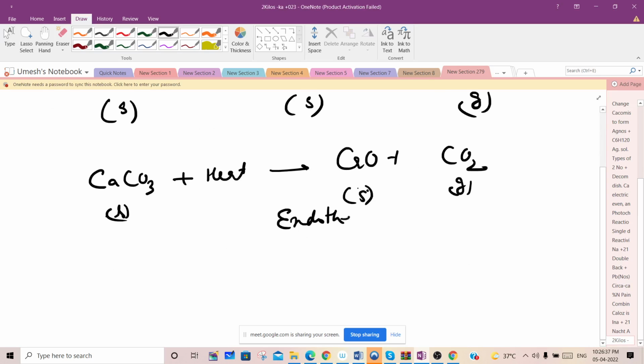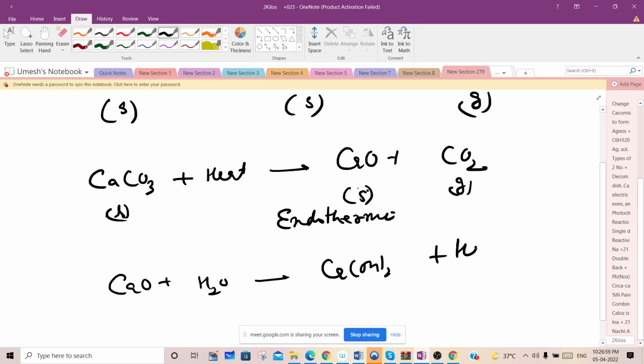Can you give me an example that is exothermic in nature? If we take quicklime, it gives slaked lime. You can write like this. This is an exothermic reaction. Understood? Yes or no? Sir, what is in the product side?